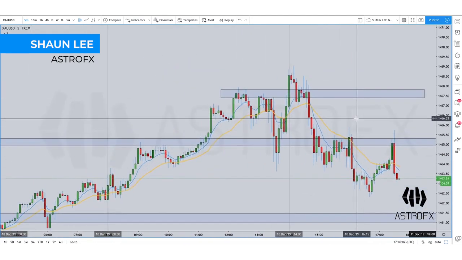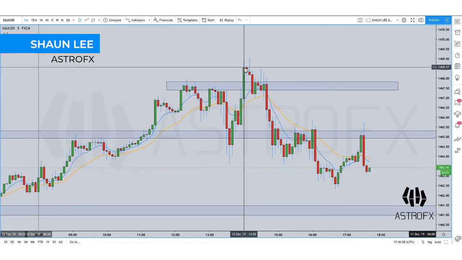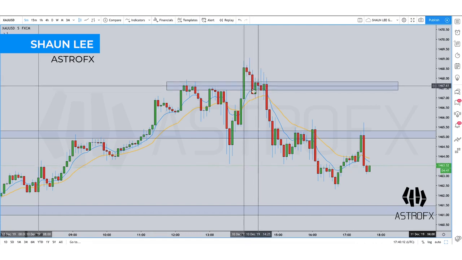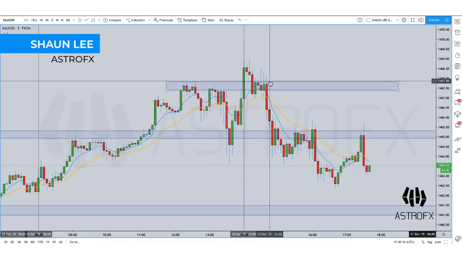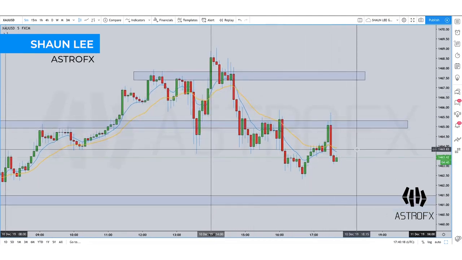Also, what I want to point out is on the overlap today on the US session, we've seen price push back above, and then there was weakness straight away. Price came back below, sat on the London high, broke back through the London high, and then, as you can see, we are now swinging to the downside.